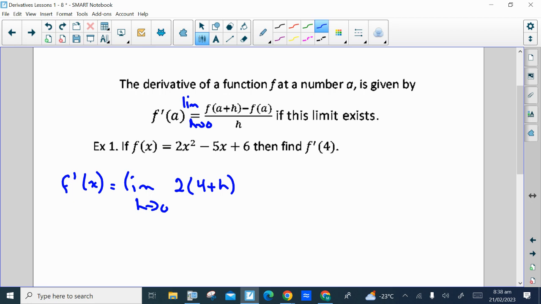We technically could have used the variable x instead because that's the variable in the equation, but it doesn't matter. So the formula says that whatever x is, which in this case is 4 plus h, it's squared minus 5 times 4 plus h plus 6 all over h.